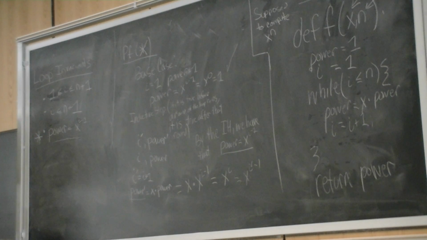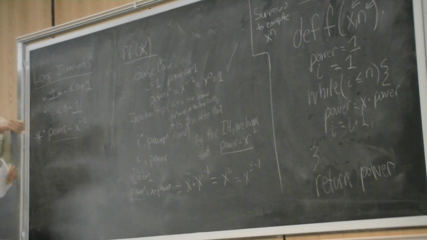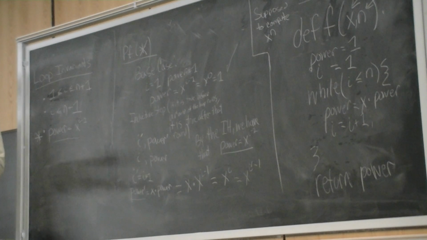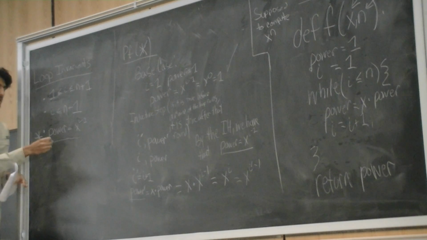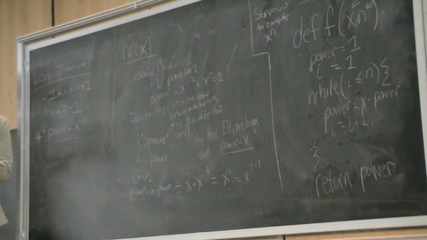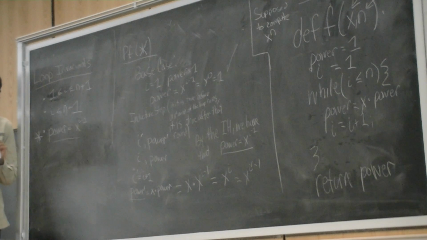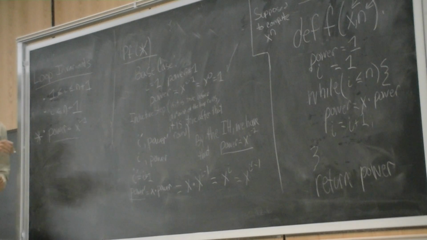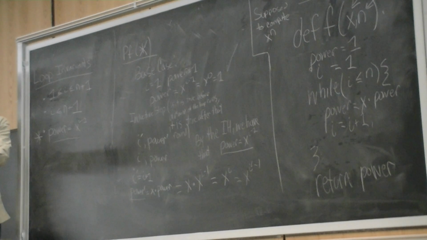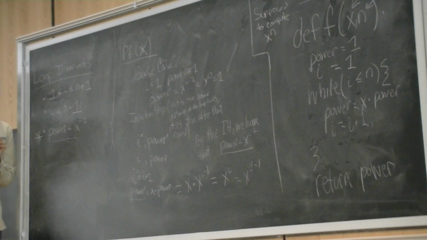We're going to know that I is equal to n plus 1 at the end. You should be able to prove, knowing the terminating conditions of the program, that the program is correct. So in this case, we knew that the terminating condition of the program is I equals n plus 1. So our loop invariant should be strong enough such that if we just plug in that terminating information, we get that the program is correct.